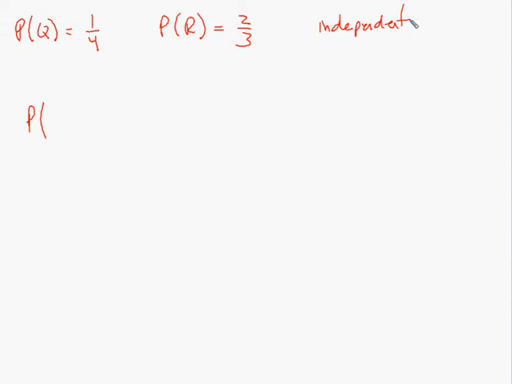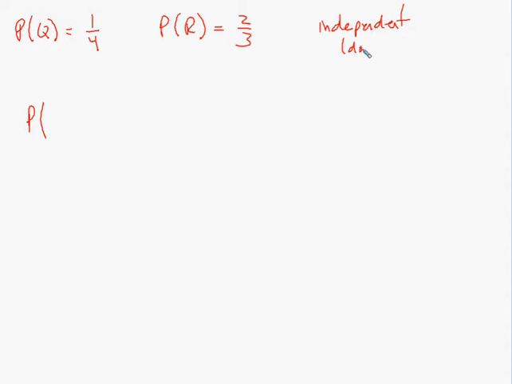Okay, let's say the probability of event Q happening is 1/4, and the probability of event R happening is 2/3. Now we're going to assume that these are independent, meaning that one event does not affect the other.